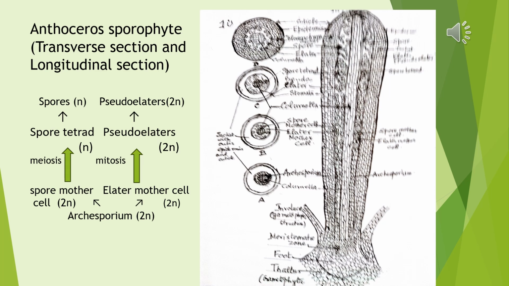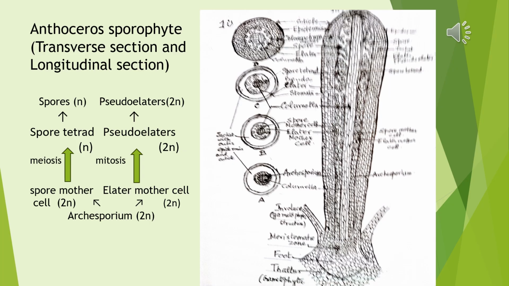shows archesporium wider, showing the development of spore mother cell and elater mother cell. Correspondingly, the longitudinal section also shows the spore mother cell, which is roundish and bigger, while the elater mother cells are smaller, elongated.